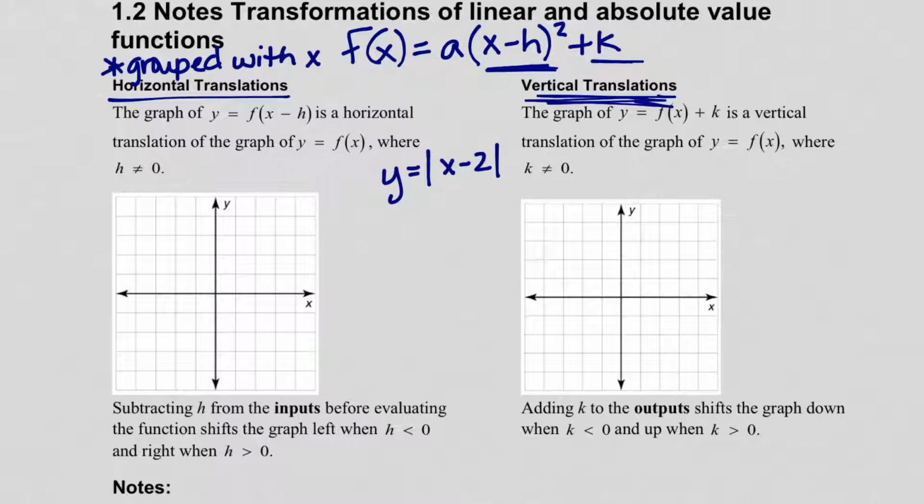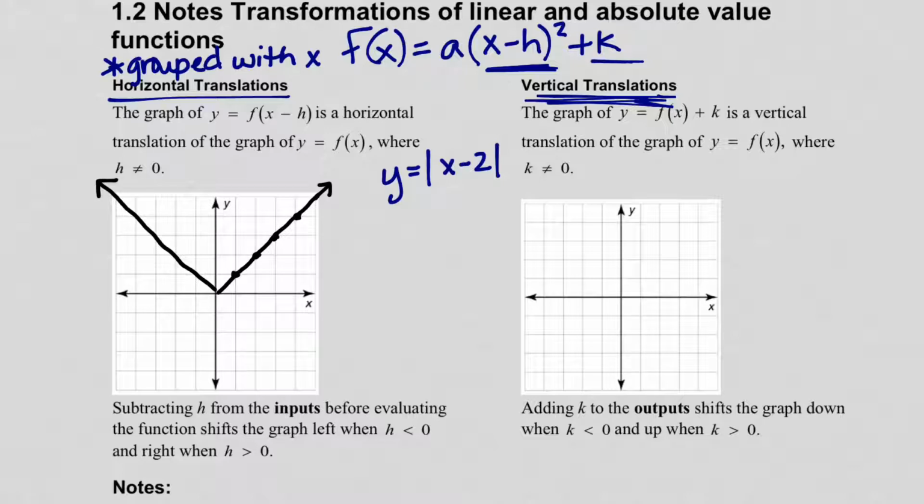Okay, so if I just draw my parent function, and I'm going to do my parent function in black here. It starts at the origin, and goes through 1, 1, 2, 2, 3, 3, 4, 4. That's my parent function. And then it's absolute value, so it mirrors.